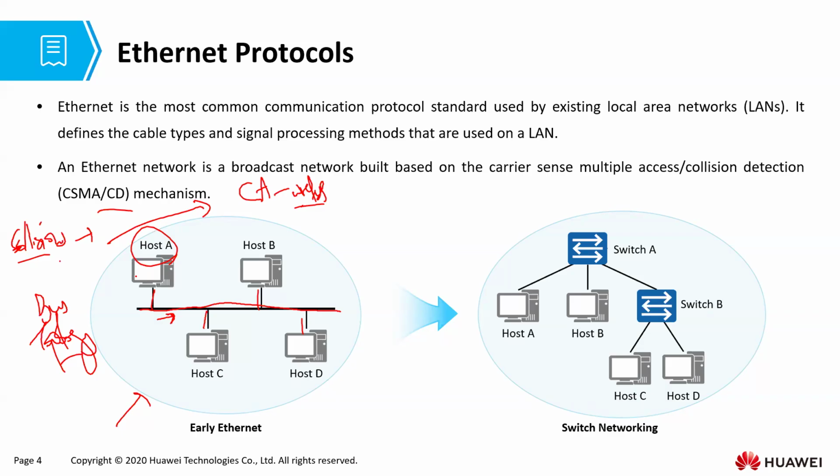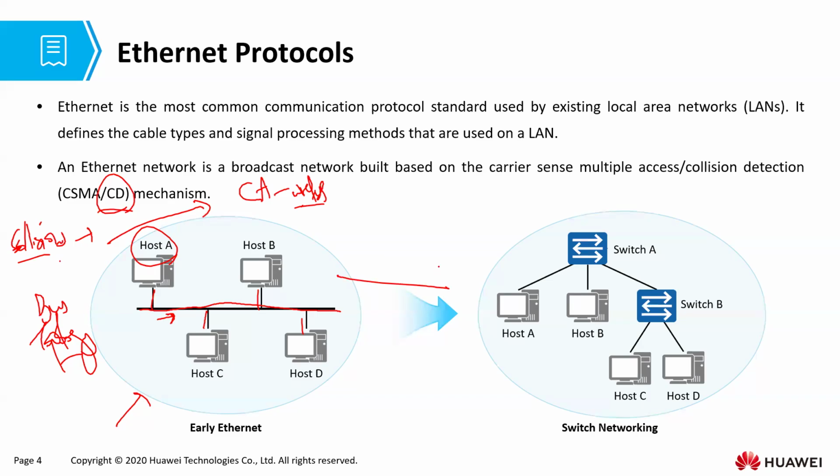Then when there is a collision, there will be some time when devices will not be sending any information, so that they avoid further collisions within the shared medium. Briefly, that is what defined this collision detection algorithm. It was used to avoid collisions in early technologies from the bus topology. We can call that early Ethernet.